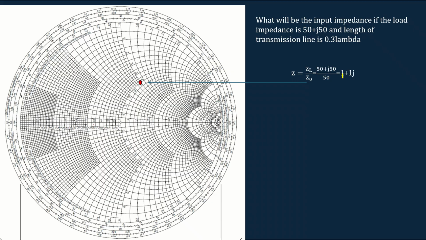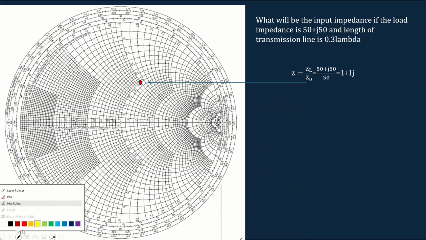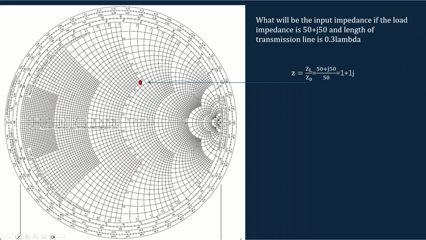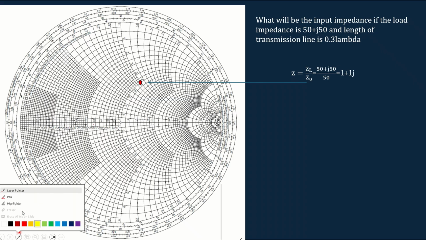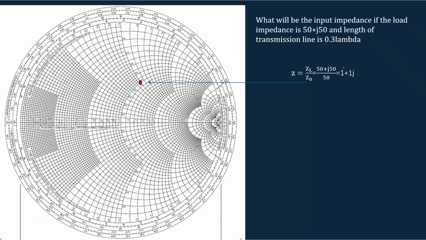Next step is to find this point on the Smith chart. So now we know that 1 is the resistance and 1J is the corresponding reactance of the load. If you want to mark this point, you have to find 1 in the constant resistance circle.